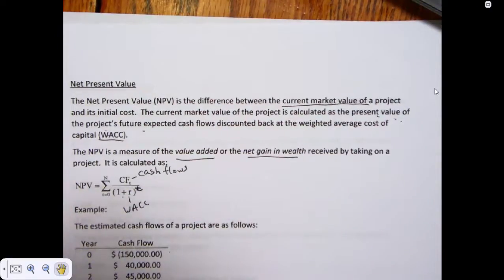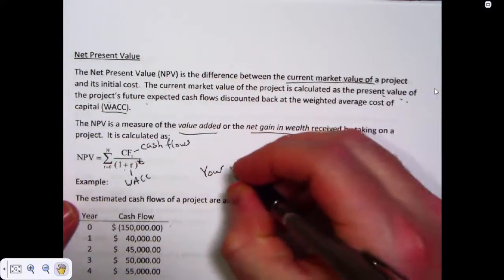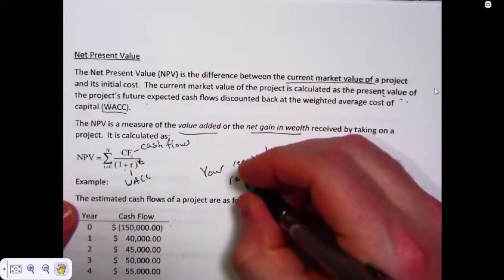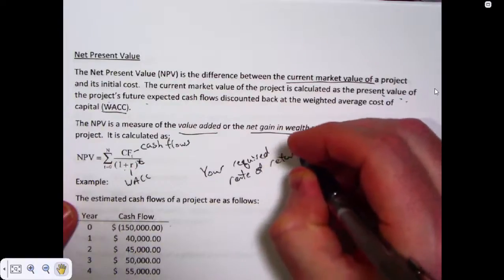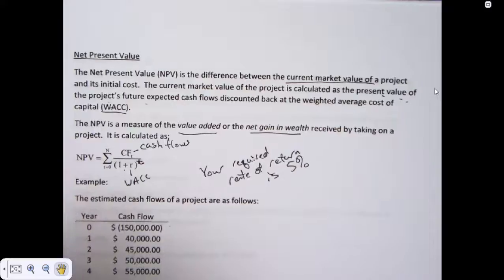So I want to give you a very simple example of this before I work a more complicated example. Let's say your required rate of return is 5%. So that's an annual rate of return you require to invest your money.